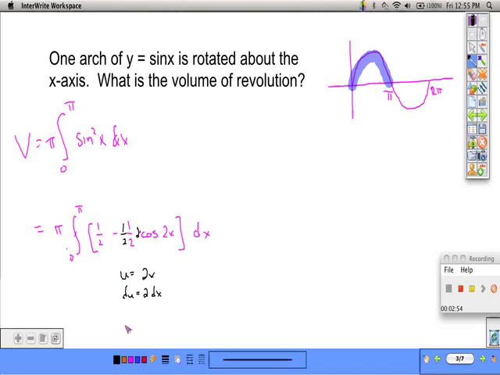So we make this small adjustment and we find that this is equal to pi times x over 2, or 1/2 x, minus 1/4, and doing the u substitution gives us sine 2x. And now we evaluate this at pi and 0.